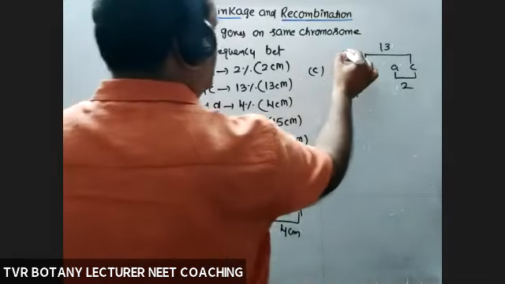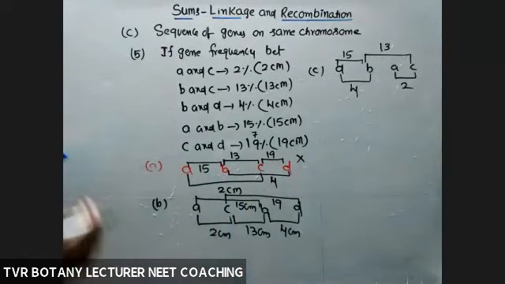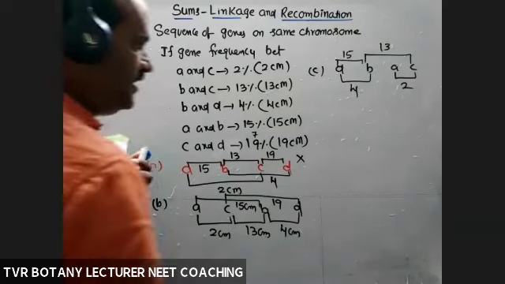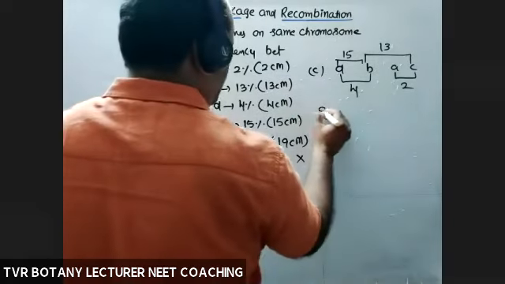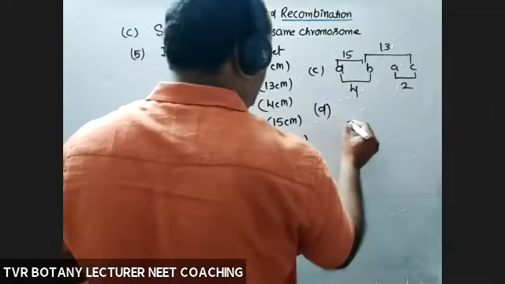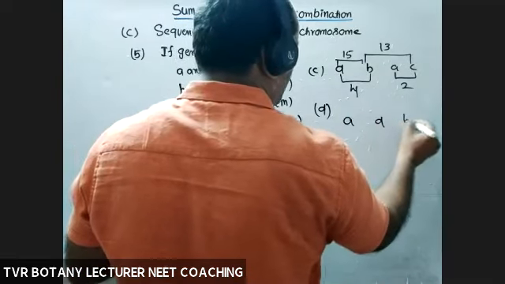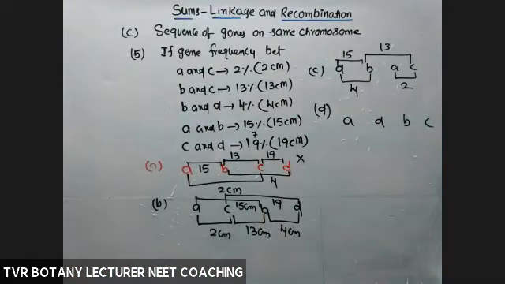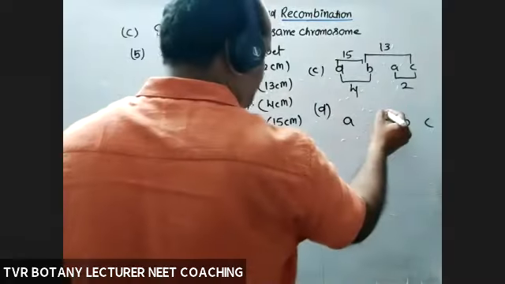AB, 15. I think this is wrong. That is the wrong one. Okay, so go for D, ADBC. We have to try all these things one by one.